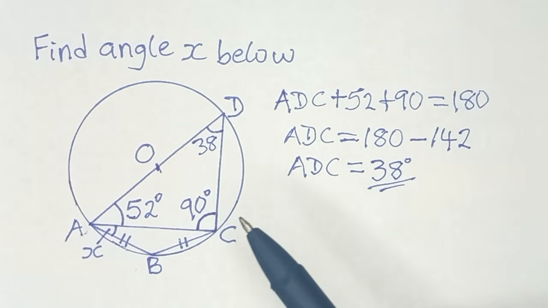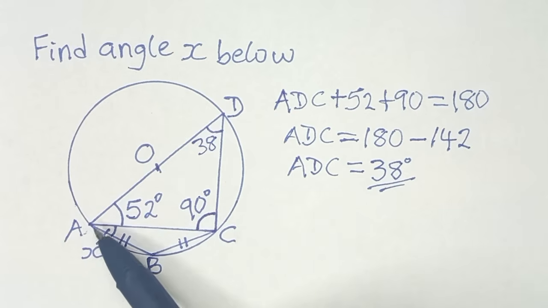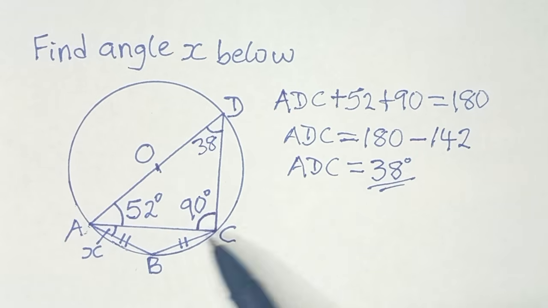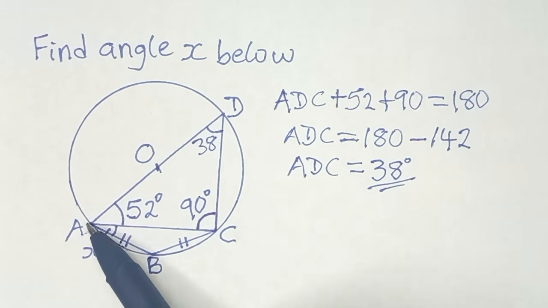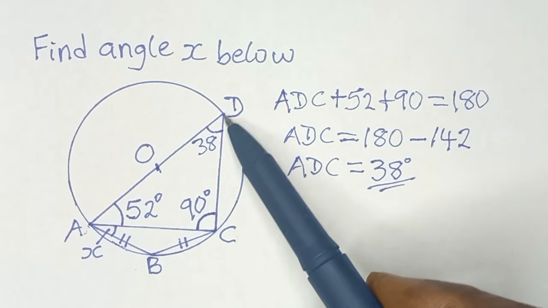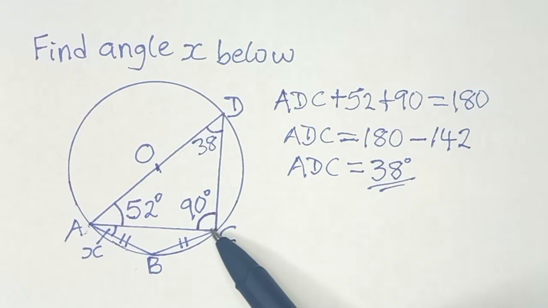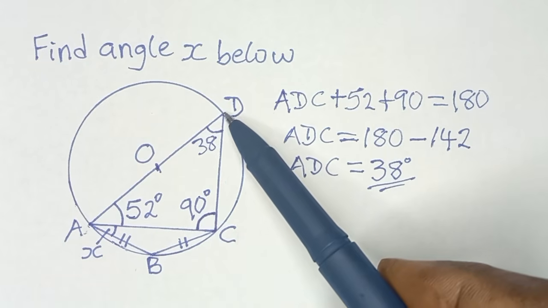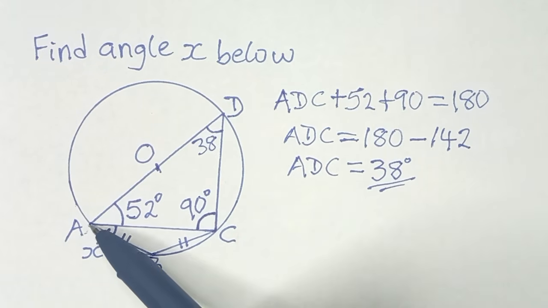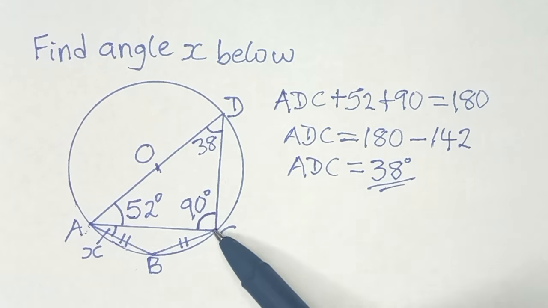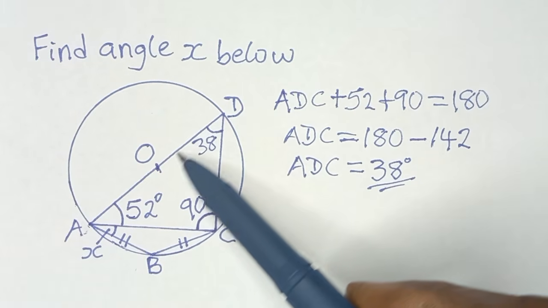Then now, the next thing we have to look at is this cyclic quadrilateral ABCD. You agree with me that all the vertices of the quadrilateral, or all the angles, are on the circumference of the circle. So that makes it a cyclic quadrilateral.